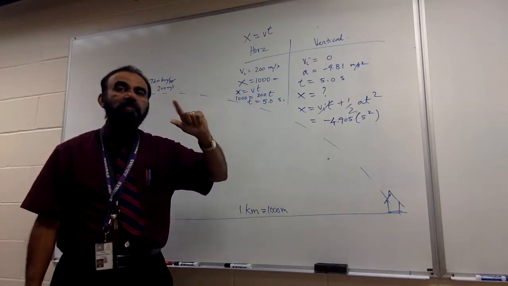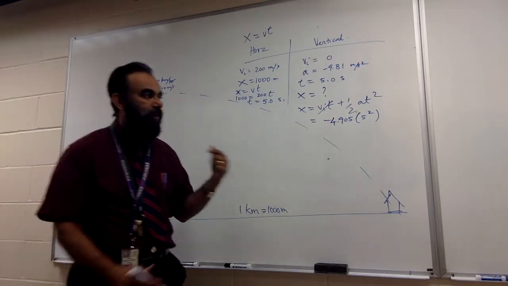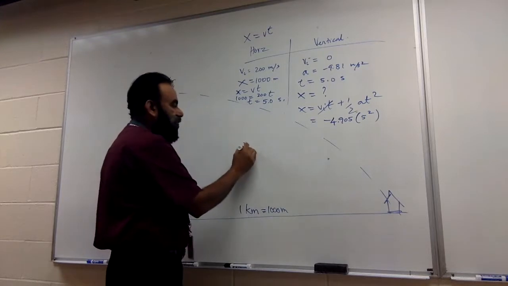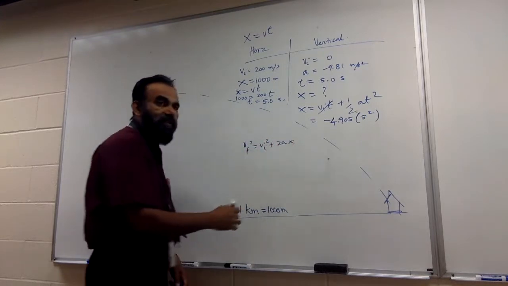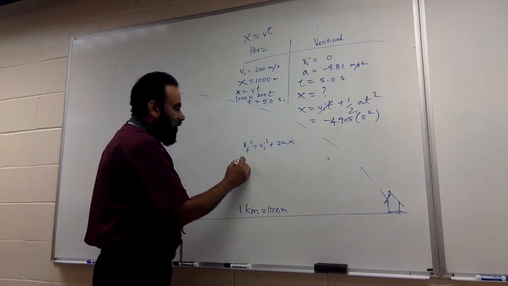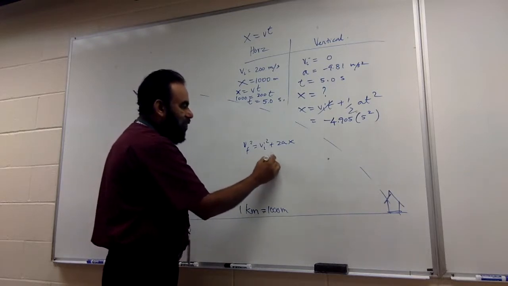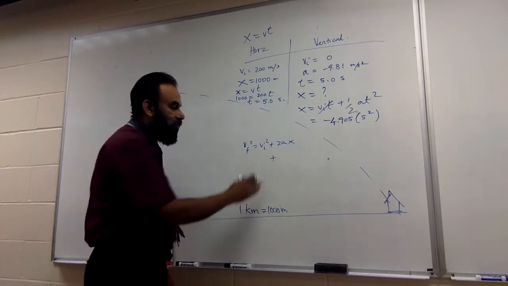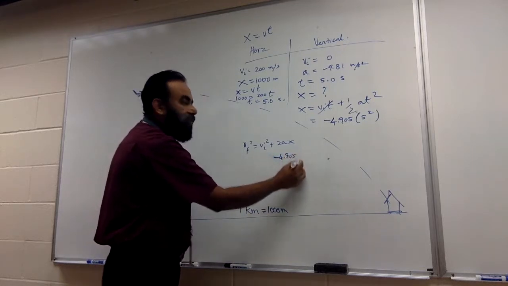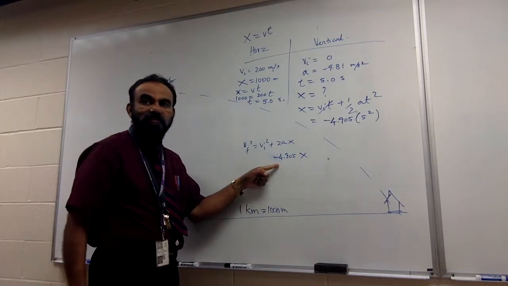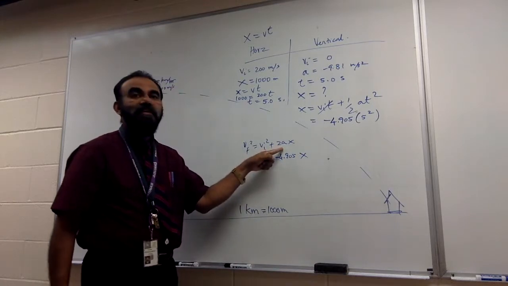Some of you have made a mistake in this. You are using this equation: Vf squared is equal to Vi squared plus 2ax. And you know what? You put this right. Everything's right. Plus 2ax. Guess what you did? Minus 4.905. It is 2 times 9.81.